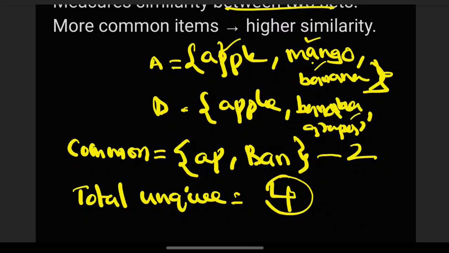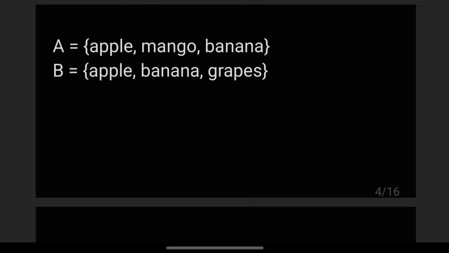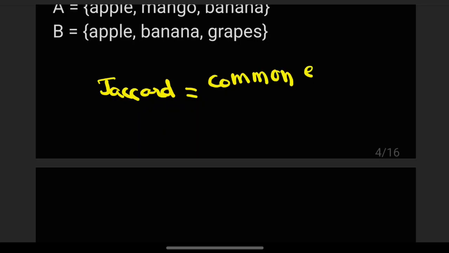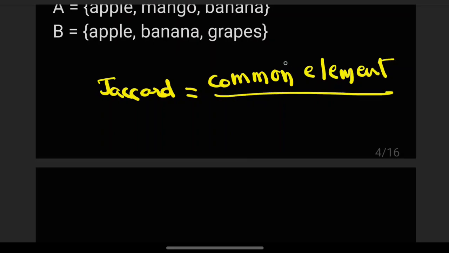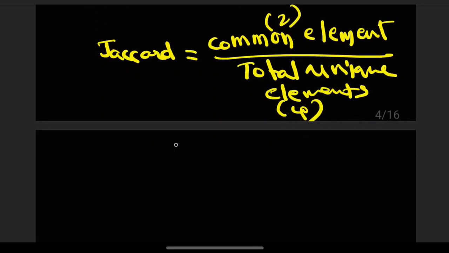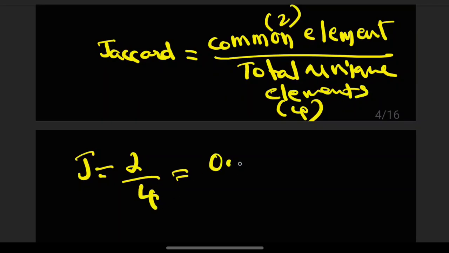The Jaccard coefficient formula is common elements, in our example apple and banana, so 2, divided by total unique elements, which is 4. So the Jaccard coefficient is 2 by 4, that is 0.5.